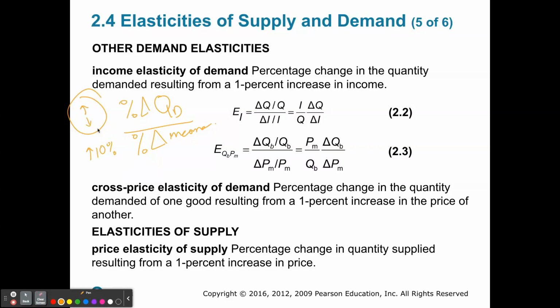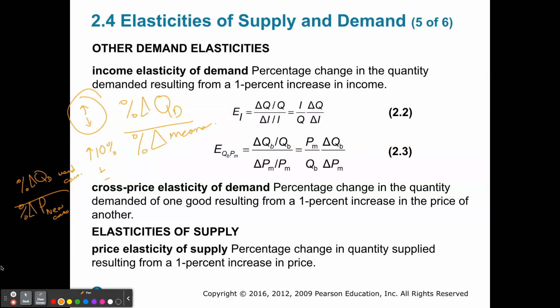So they would actually care about what's called the cross price elasticity of demand, meaning what happens, percentage change in the price of new cars, how does that change the quantity demanded of used cars? And whether that's positive or negative is going to tell me the type of relationship that exists between those two goods.